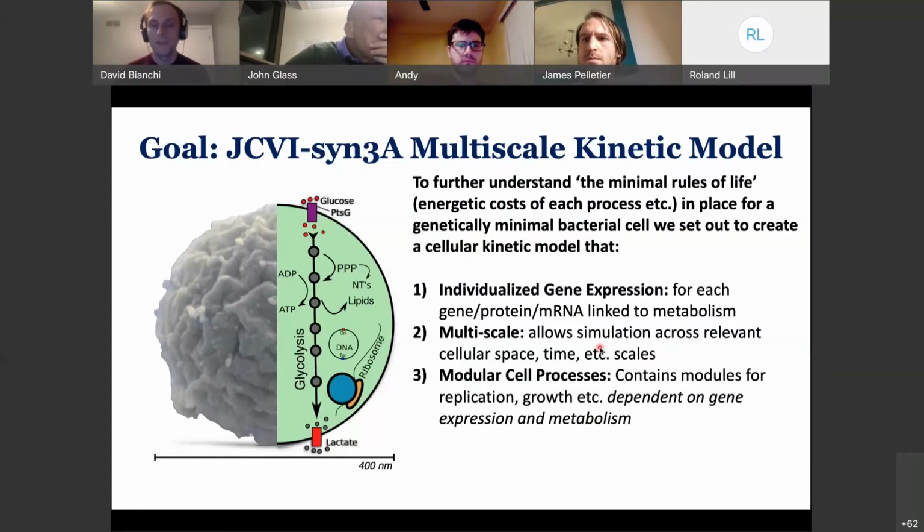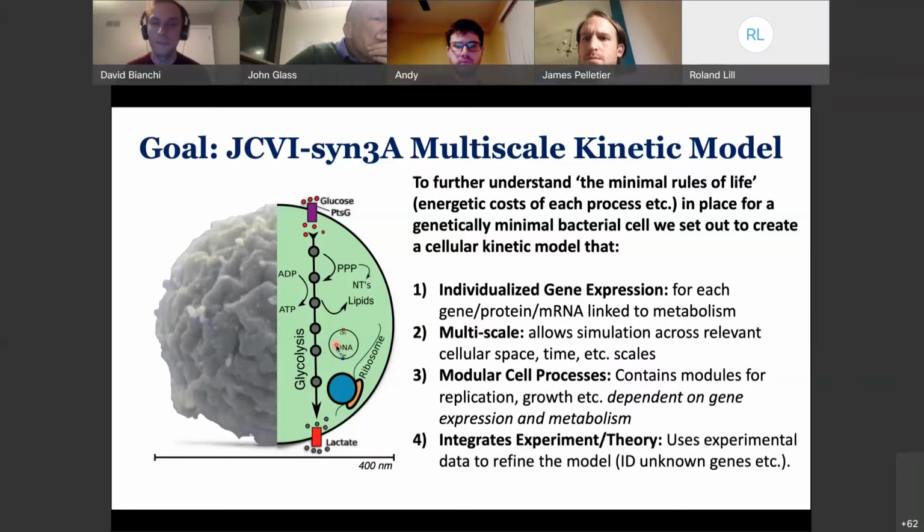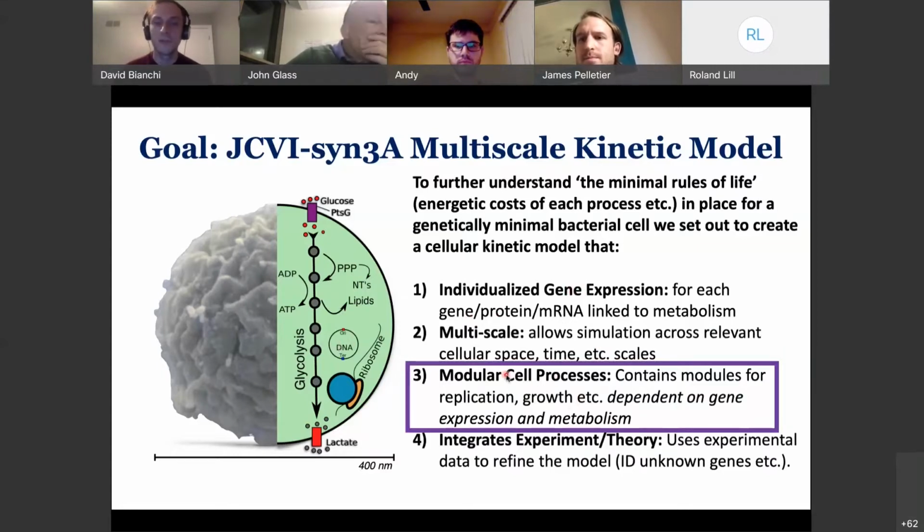That we have modular cell processes, for example, for how the DNA of the cell gets replicated, or for how the cell grows, that I'm going to talk about today, and to really understand how these are intricately connected to gene expression and metabolism. And then finally, a model that integrates experiment and theory. What I'll really focus on today is this modular cell process for cell growth that we came up with.